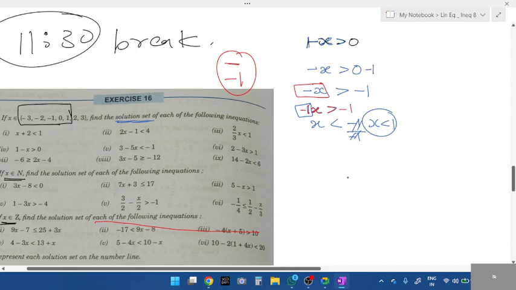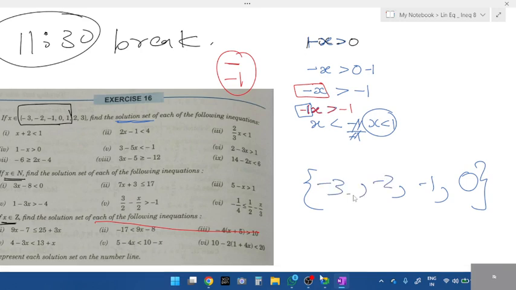Now what are the numbers lesser than 1, students? Tell me the numbers lesser than 1. 0, -1, -2 and -3.